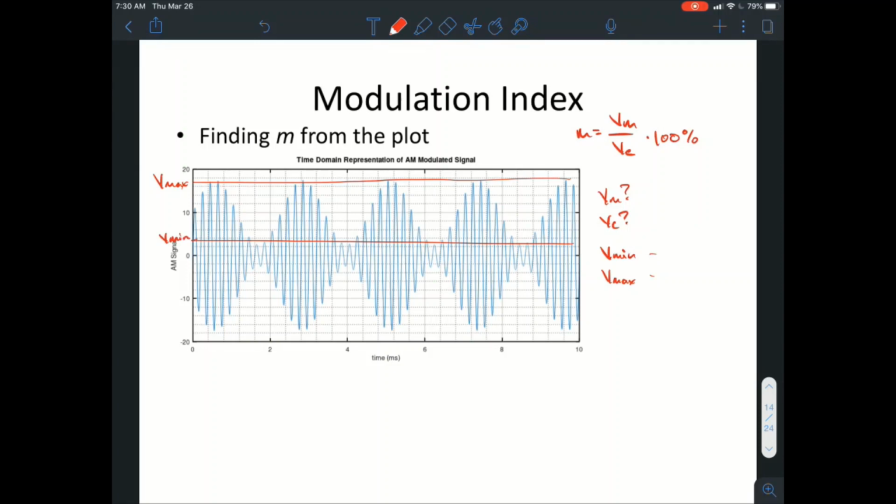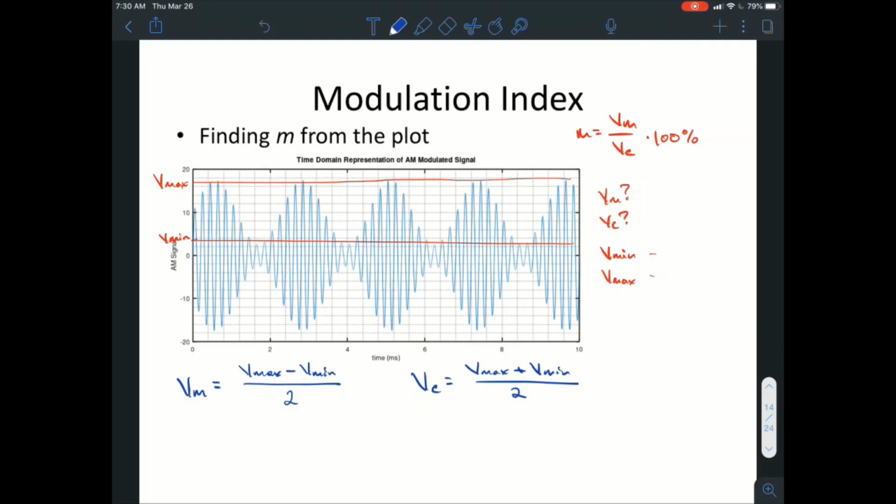Then our equations, and you're going to want to write these down on a note sheet somewhere so that you can use them: V sub M equals V max minus V min over 2, and V sub C equals V max plus V min over 2.